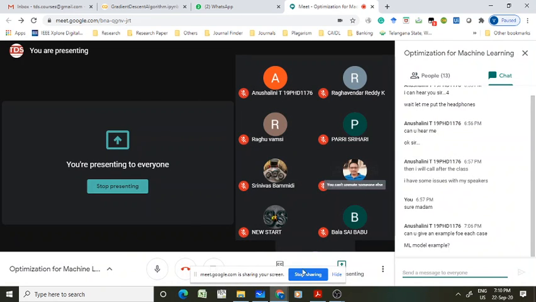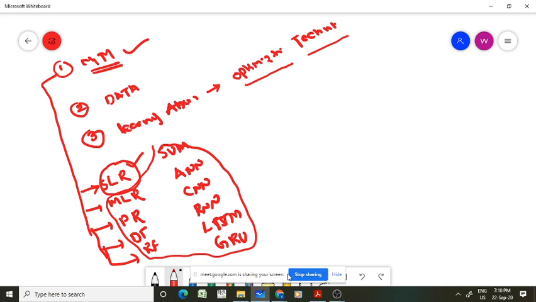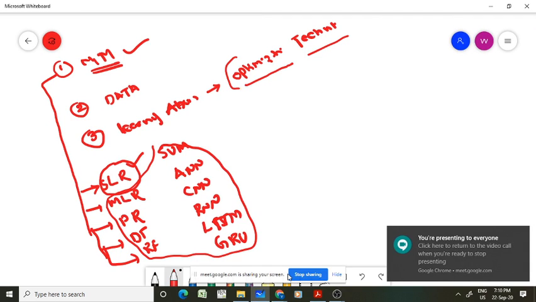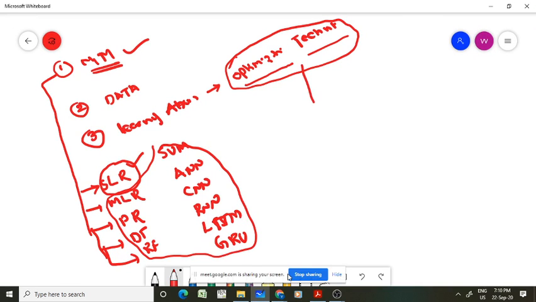The main goal of this course is the detailed discussion about the optimization techniques or optimization algorithms. That's why I'm concentrating on these things.